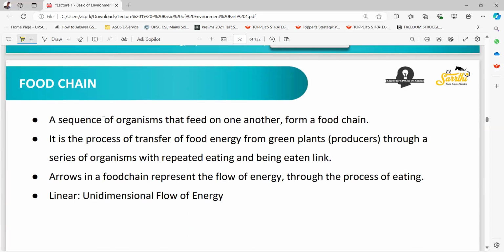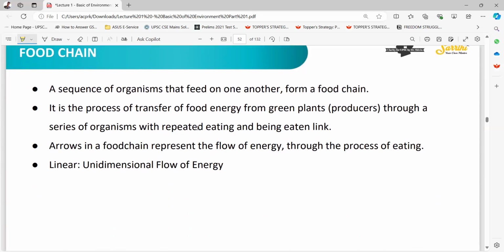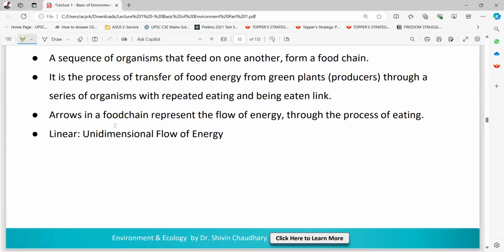Food chain. A food chain is a sequence of organisms that feed on one another. It is the process of transfer of food energy from green plants, the producers, through a series of organisms with repeated eating and being eaten links. Arrows in a food chain represent the flow of energy through the process of eating.